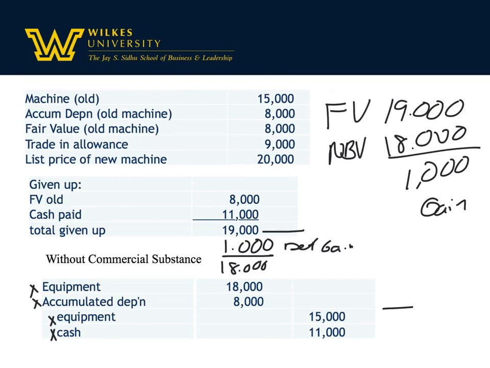But what I've done is I have deferred the gain. So if I were to sell it, I'd pick up that $1,000 gain, and that's how I've deferred it to the point of sale. The way we've deferred it is by subtracting fair value given up less deferred gain. And that's how you're going to record things that are without commercial substance.